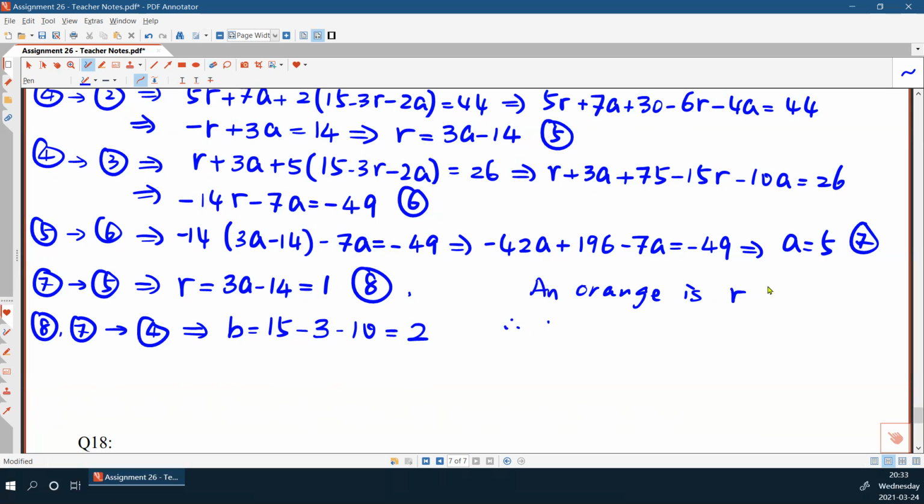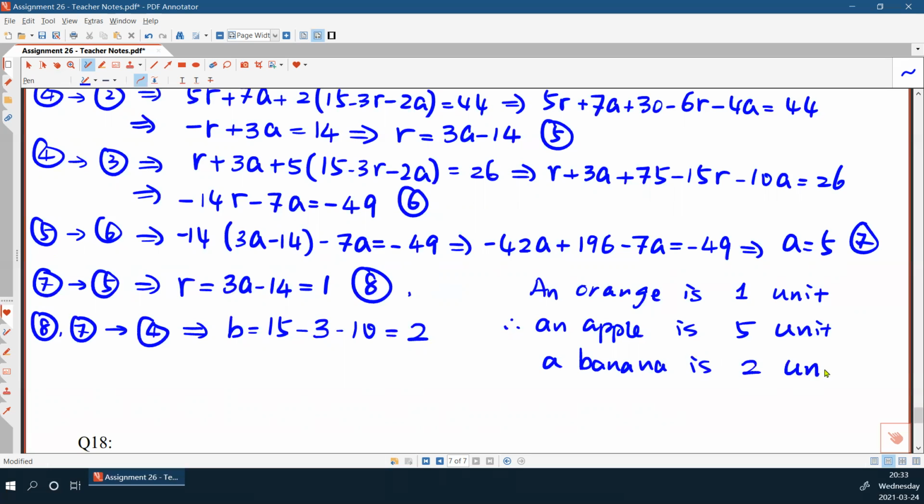Orange is R unit. R is 1, right? So an orange is 1 unit. An apple is 5 units. And a banana is 2 units.